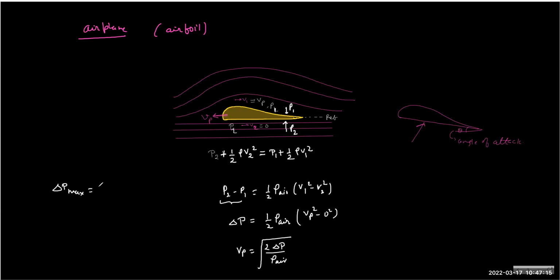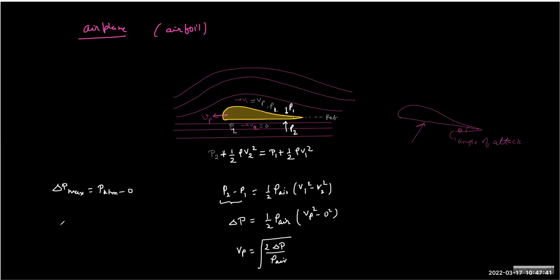Maximum means the above is vacuum, below is atmospheric. So the maximum is PATM. We cannot generate a difference of pressure more than this. You can remove air completely from one side and assume air is only on the other side. Because the atmosphere can exert only PATM, the maximum difference we can create is PATM itself, not more than that.